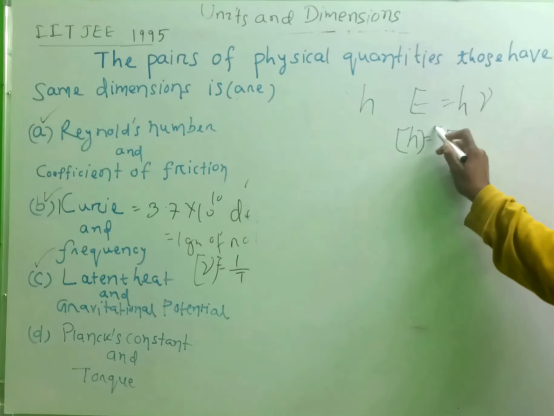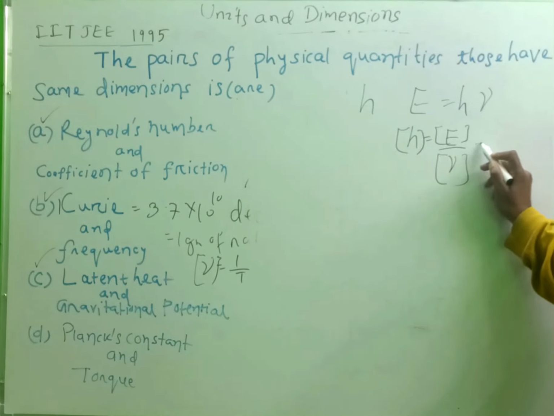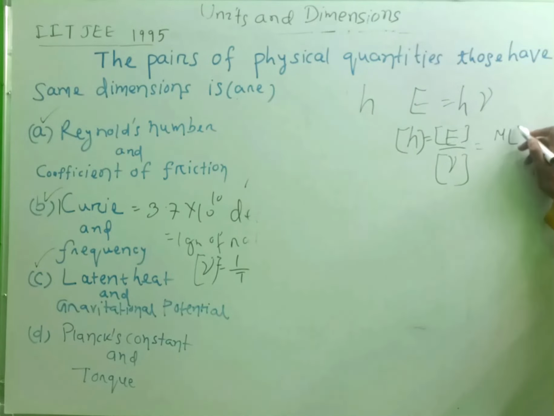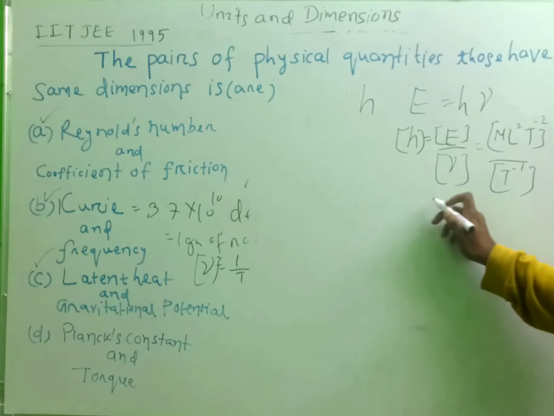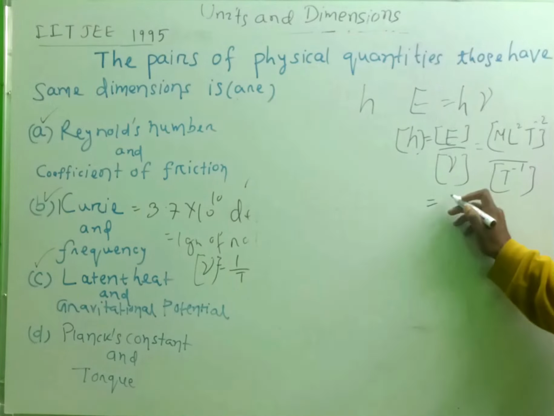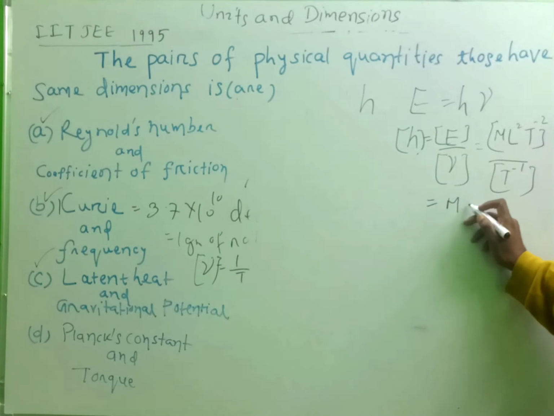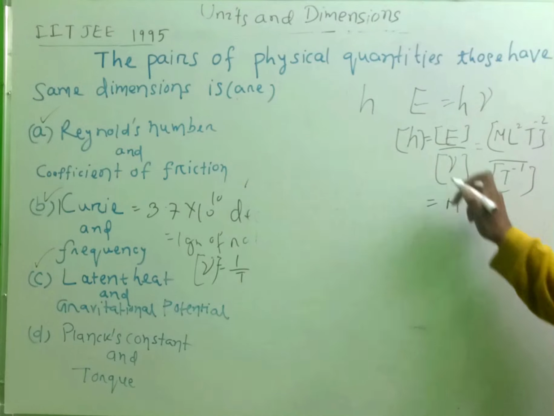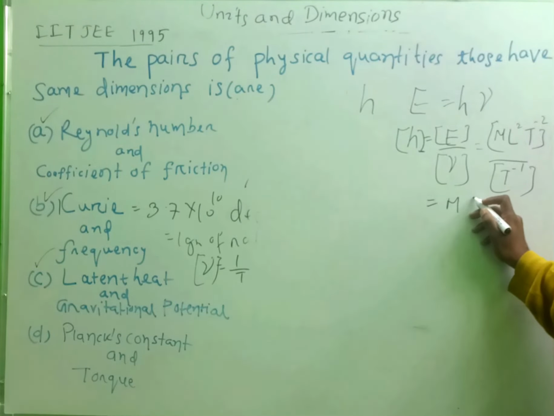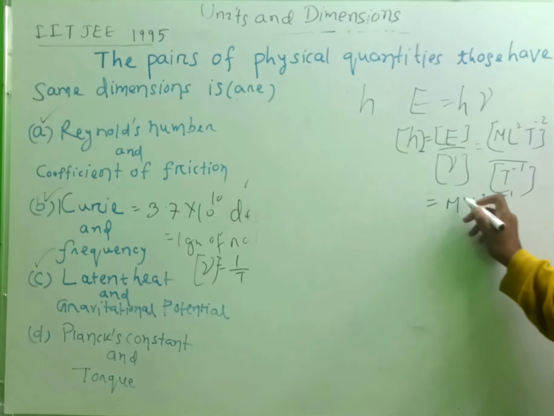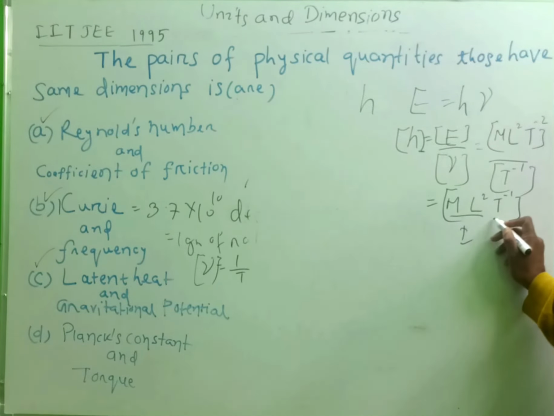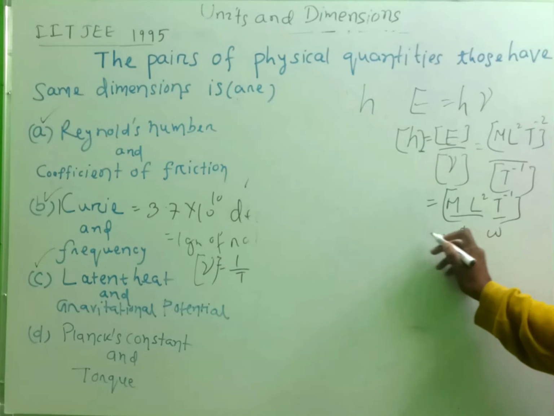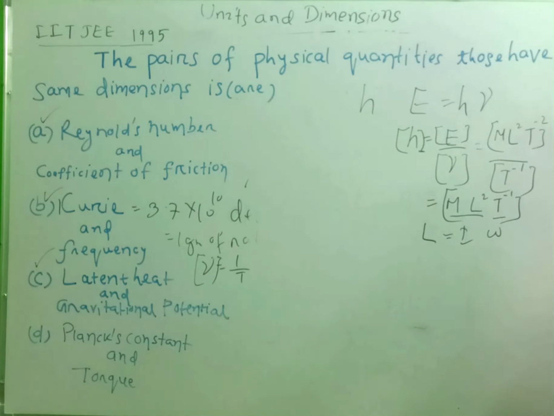So dimensions of h is dimensions of E by dimensions of nu. The dimensions of energy is ML^2 T^-2 upon T^-1, the number of vibrations per second. So the dimensional formula for Planck's constant h will be equal to, student, ML^2 T^-1, which is the same as that of angular momentum, because ML^2 is I and T^-1 is omega. I omega is nothing but L, the angular momentum of a body.